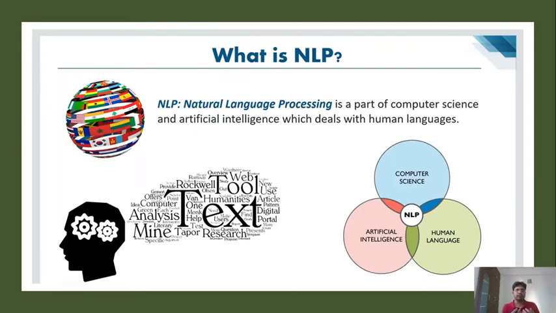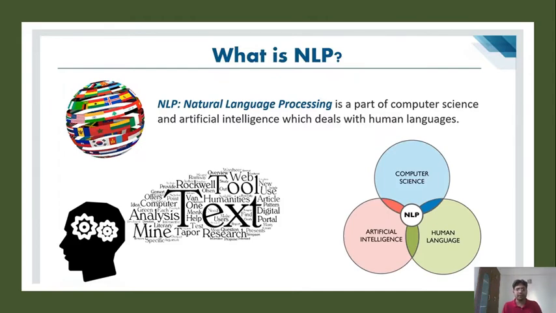As we talk to our friends, our colleagues, our parents, in the same way I want to talk with the system. We can give commands to our system, we can talk to our system, and we can receive some output from our system in our own language. This is the overall domain of natural language processing.